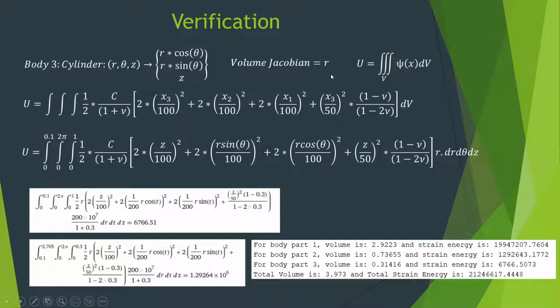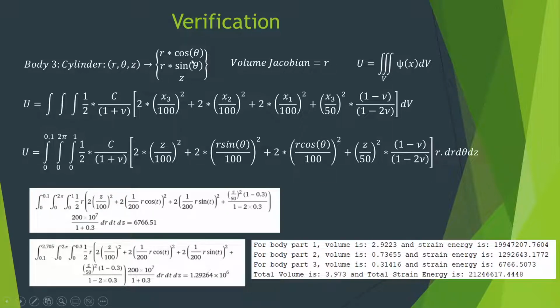We have the volume Jacobian, and we know that my strain energy is equal to the strain energy density integrated over the volume. So upon substituting the respective values and dV with volume Jacobian times dr d theta dz, we can calculate that my third body's strain energy is approximately equal to the strain energy computed by MATLAB.